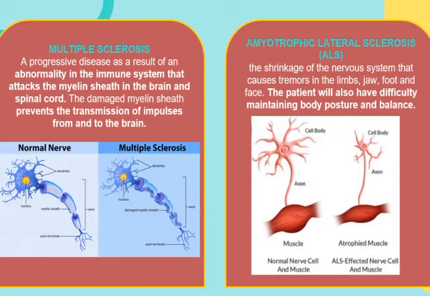There are certain people that have a nervous system disease, whereby the central nervous system of this person can be damaged or cannot function efficiently. Let's take a look at the examples of the health issues that are related to the nervous system.